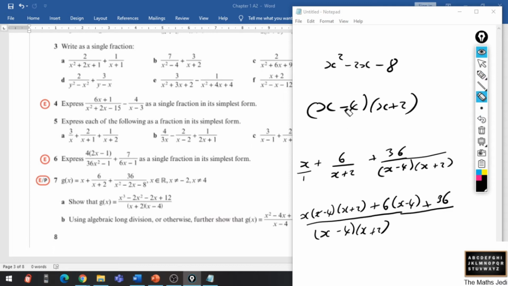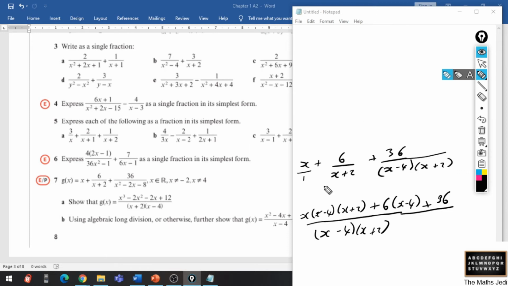There's a whole deal of manipulation I'm going to do now, so I need some room. Now it just leaves me to be multiplying things out, so I'm going to multiply things on the top first of all.